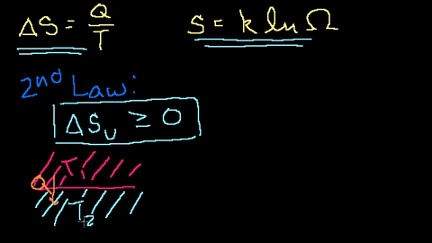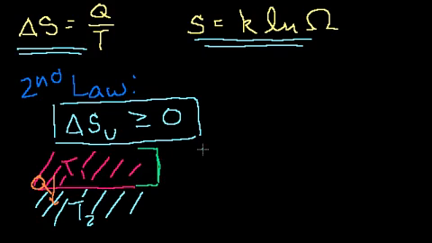Now in this situation they're reservoirs, so I'm assuming that their temperatures stay constant, which would only be the case if they were both infinite, which we know doesn't exist in the real world. In the real world, T1's temperature as it gave heat would go down and T2's temperature would go up. But let's just see whether the second law of thermodynamics says that this should happen. So what's the net change in entropy?